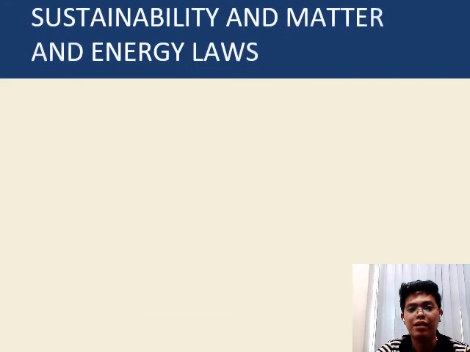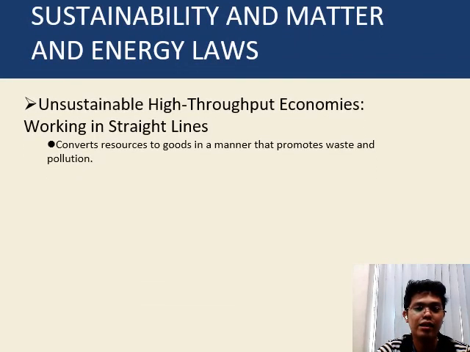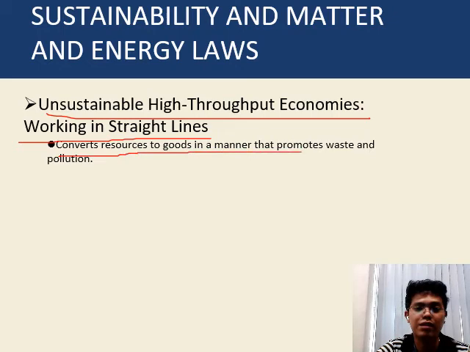Another example is in an economic system. Unsustainable high-throughput economies work in straight lines. They convert resources to goods in a manner that promotes waste and pollution.